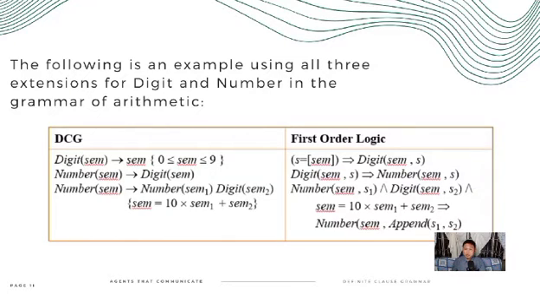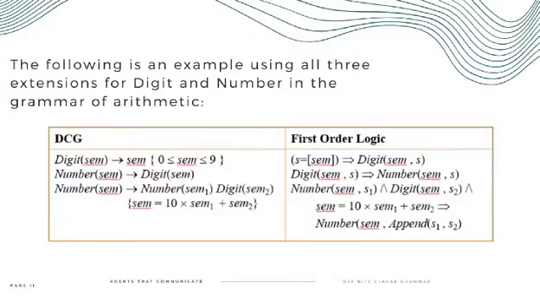For example, as given earlier, 0 is less than sem and sem is less than 9, so it is between 0 and 9. The left-hand side must consist of a non-terminal with or without augmentation. It is clearly stated on the table what I have explained.